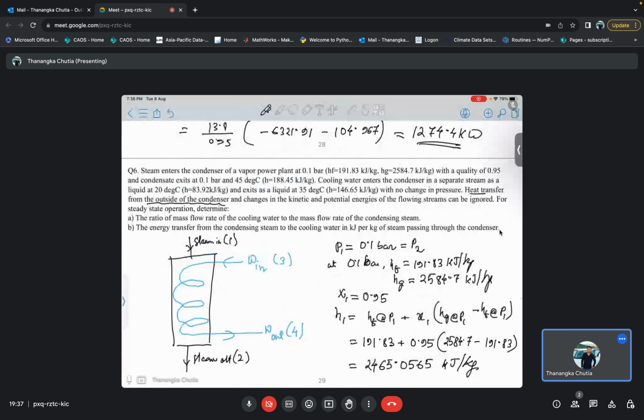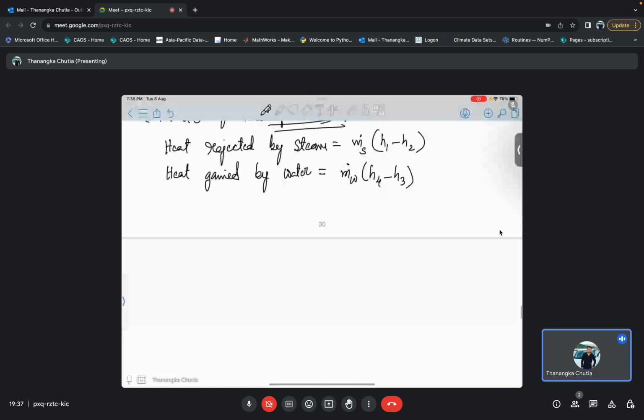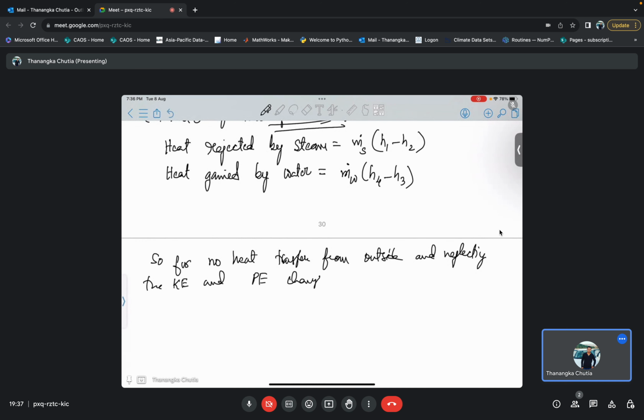So for no heat transfer from outside and neglecting the KE and PE changes, what happens?